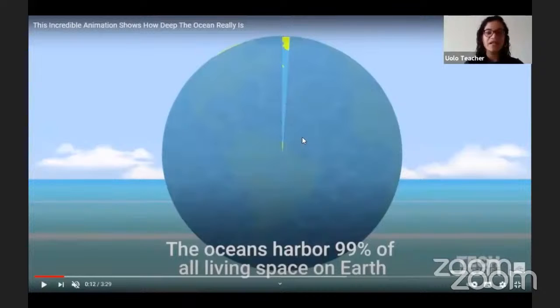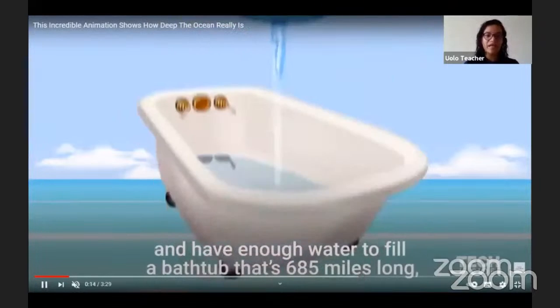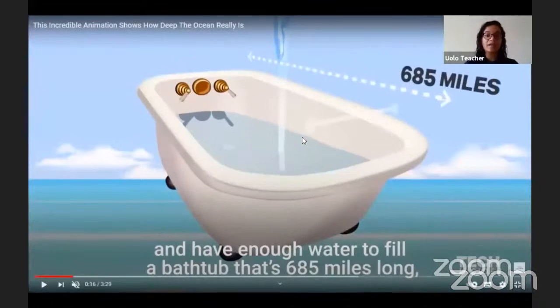Okay, so even though Earth is made up of 1% land and 99% water, we still feel land is a lot, na? But that's false. If we take a bathtub and fill it up, the bathtub should be 685 miles on each side.